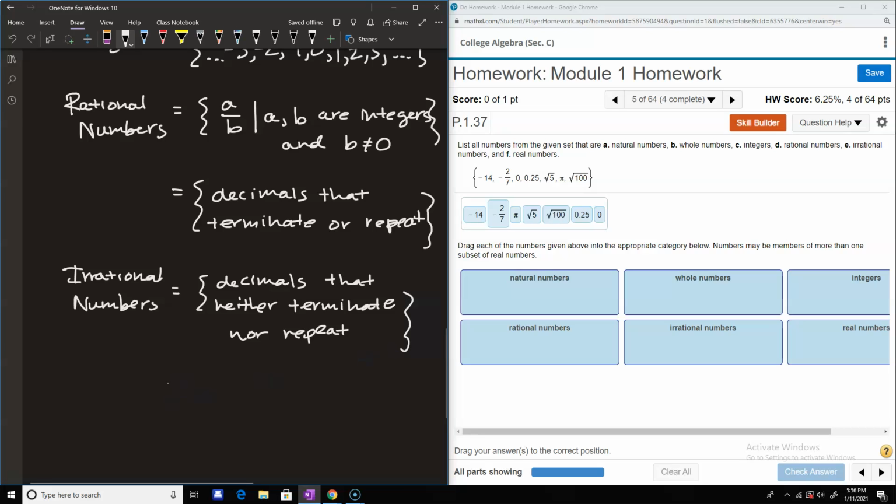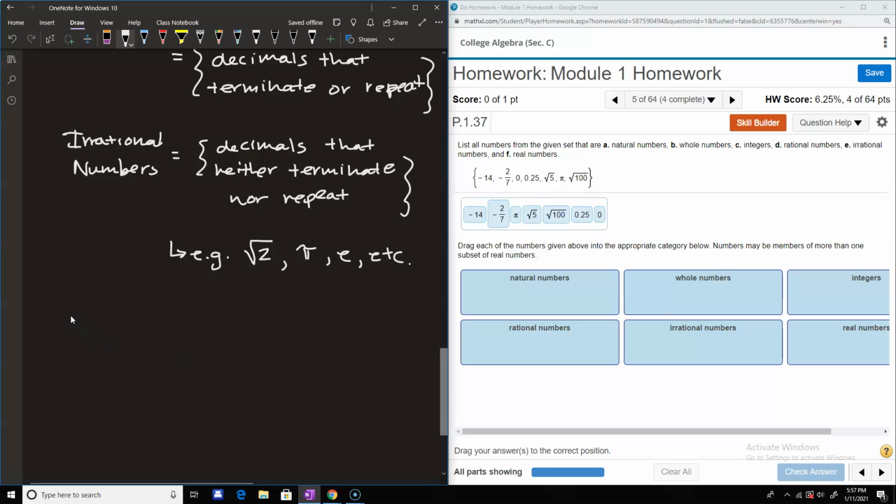A lot of times they're represented by letters, Greek letters. So square root of 2 is one such. If you plug that into your calculator, you get an infinite decimal expansion that doesn't ever have a pattern. We also have numbers like pi or e. These are some of these famous constants. A lot of these famous constants are often irrational numbers. Technically, the square root of any prime number is going to be an irrational number.